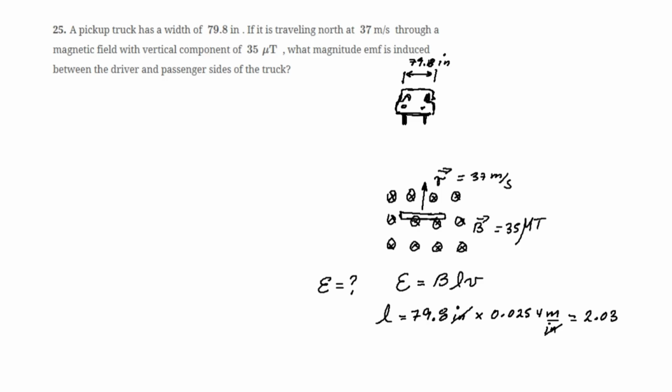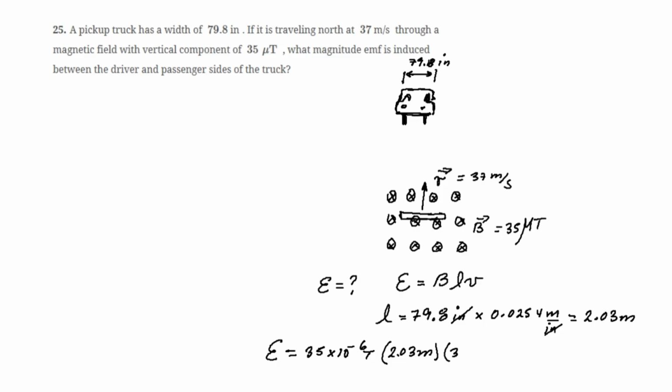So once you have this length in meters, now you can substitute and calculate the induced electromotive force. That is 35 microtesla, so it's 35 times 10 to the negative 6 tesla, times the length, 2.03 meters, times the velocity, 37 meters per second.